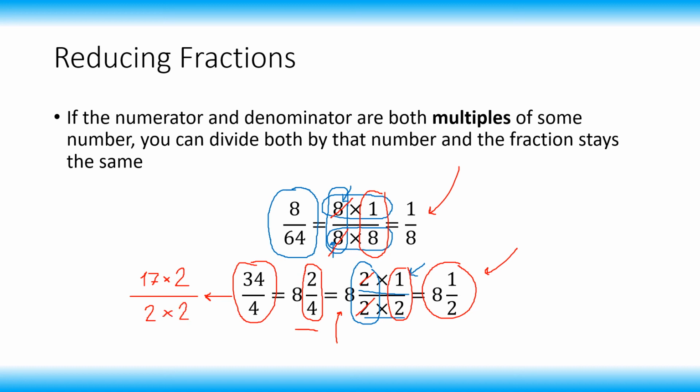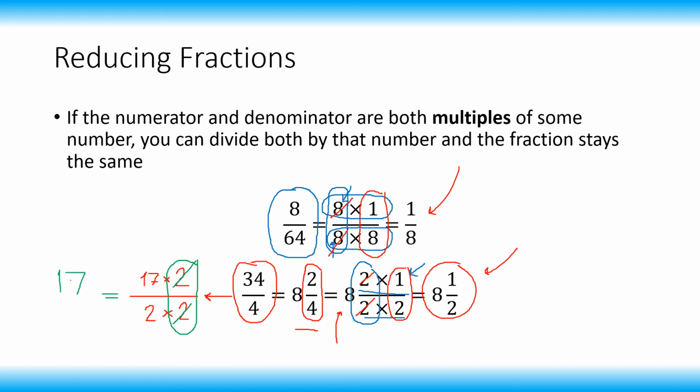So we can pair off this 2 with this 2 and cancel them out. That's gone, that's gone, and we're left with 17 over 2.